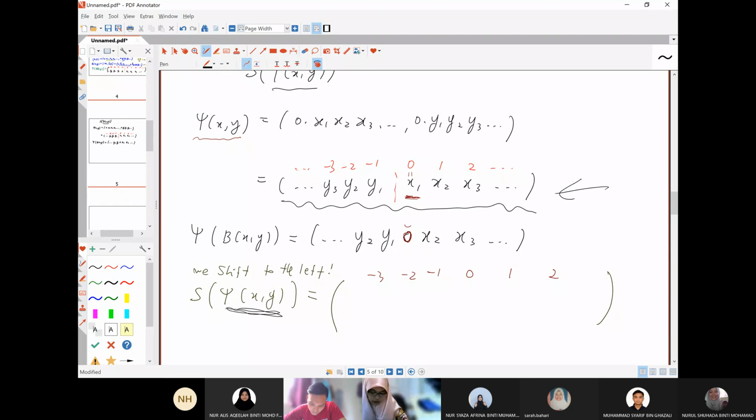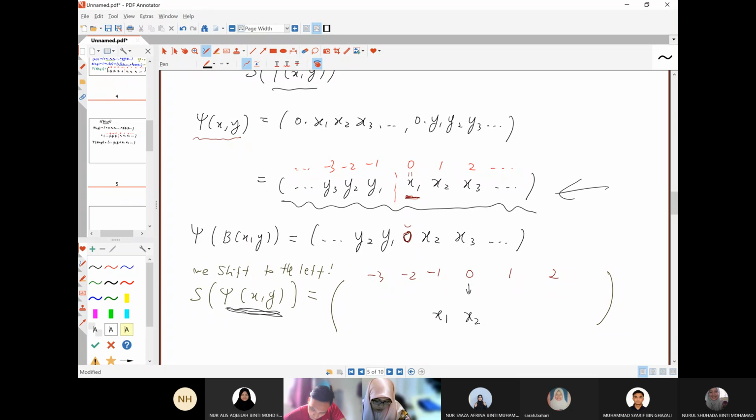That means the 0 position now become the position for x2. So 0 position is x2. Kita bawa dia ke kiri. Tolak. So -1 tadi tu, position -1 jadi x1.